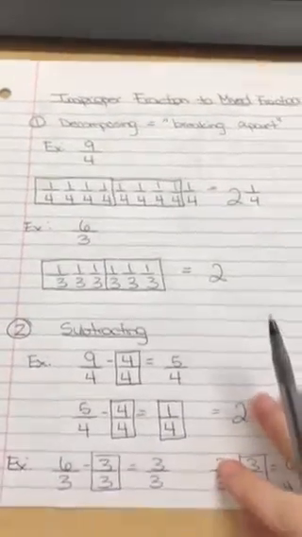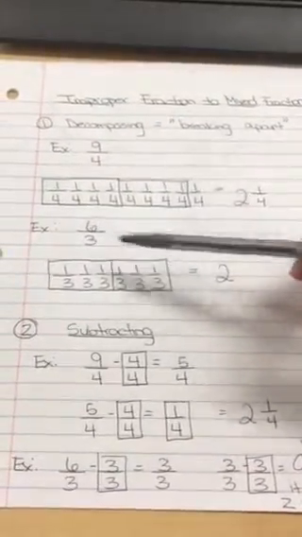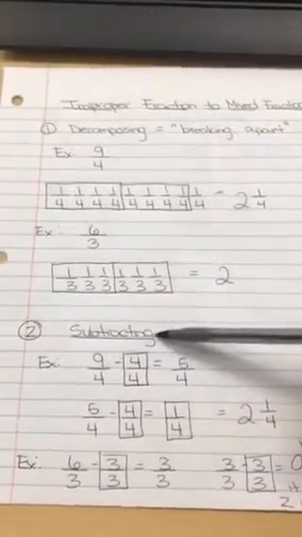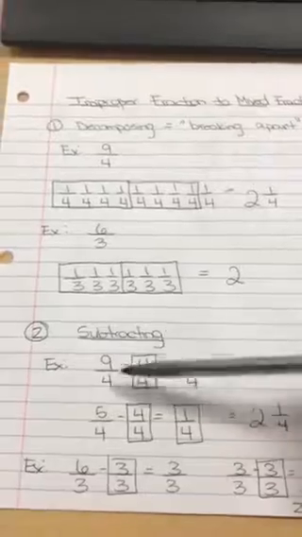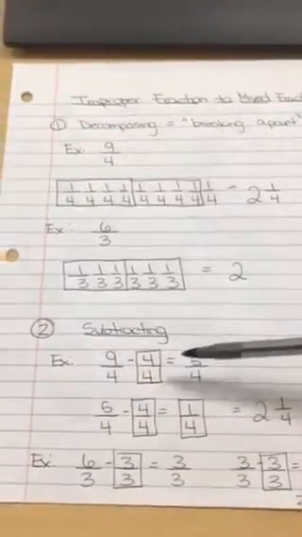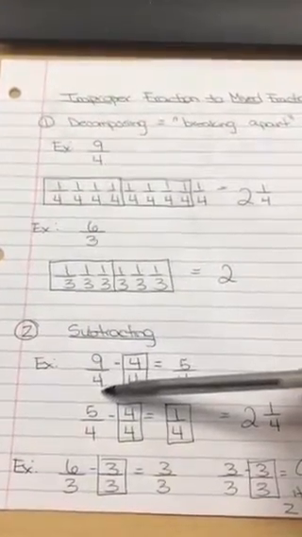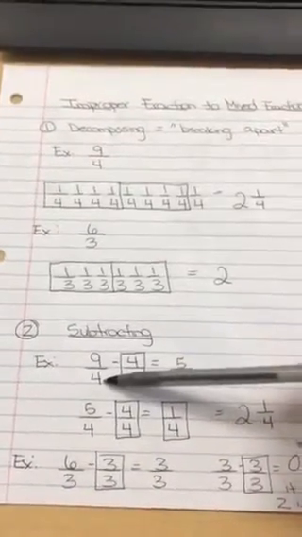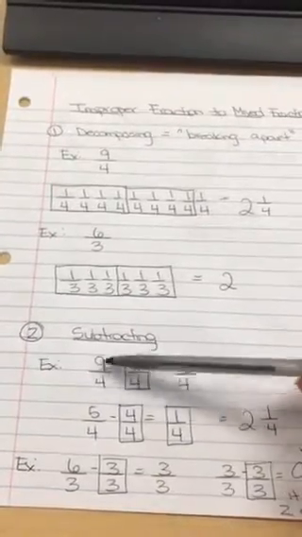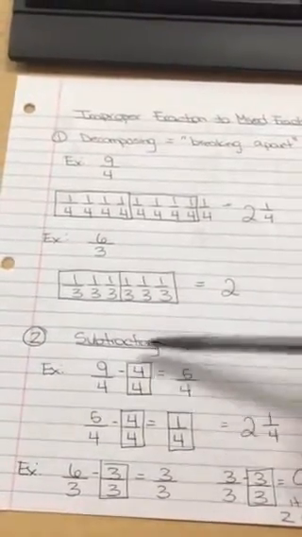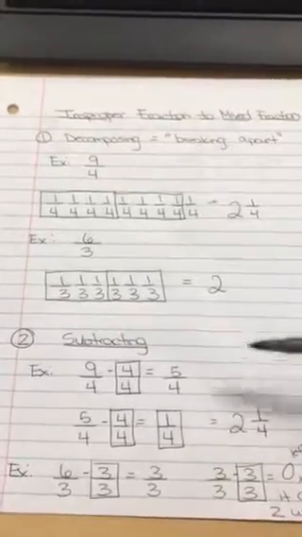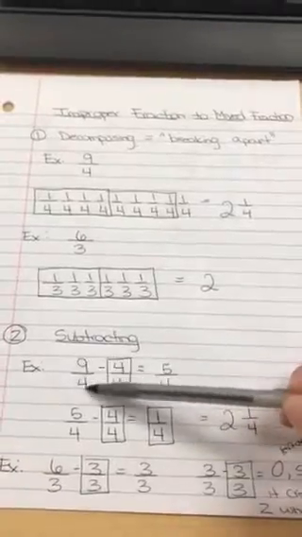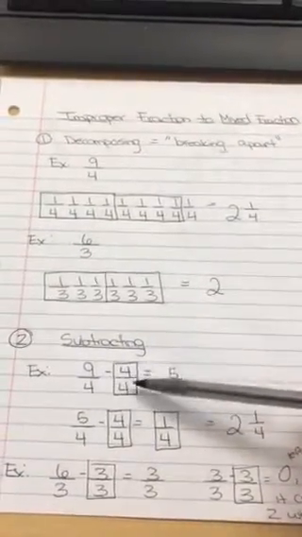Another strategy that I use, and I'm going to use the same examples from the top with this second strategy so you can understand, is where you're subtracting the whole from the original improper fraction. For example, if I have 9/4, the kids know it's out of fourths because my denominator tells me this. If I want to keep reducing it down to where I have whole numbers and what's left over, I can take one whole away from 9/4 because I have enough to do that.